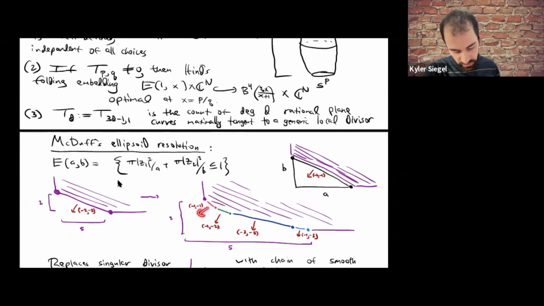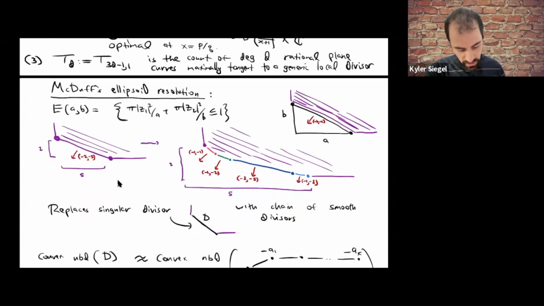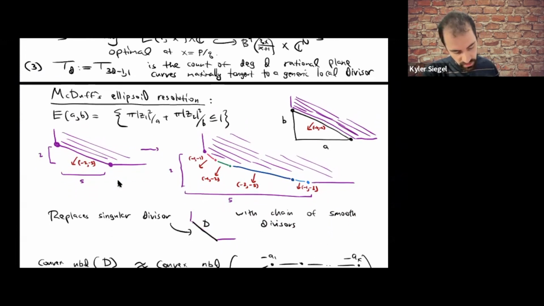So here I've just drawn the outward normals. In this case, you have to blow up, I guess, 1, 2, 3 times. And this replaces this singular divisor with a chain of smooth divisors.